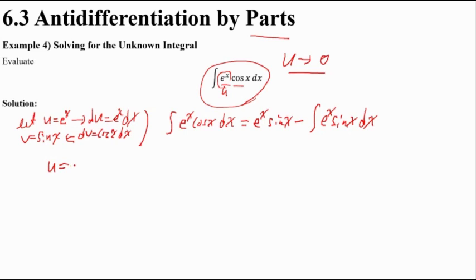u is the same, e^x, which means du is also e^x dx. How about dv? sine x dx, so the integral v will be negative cosine x.